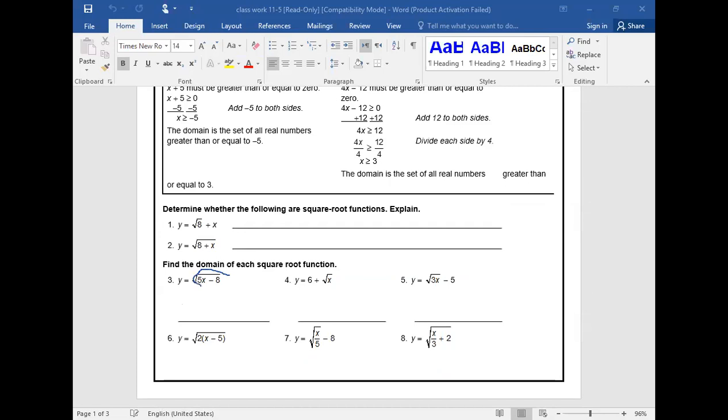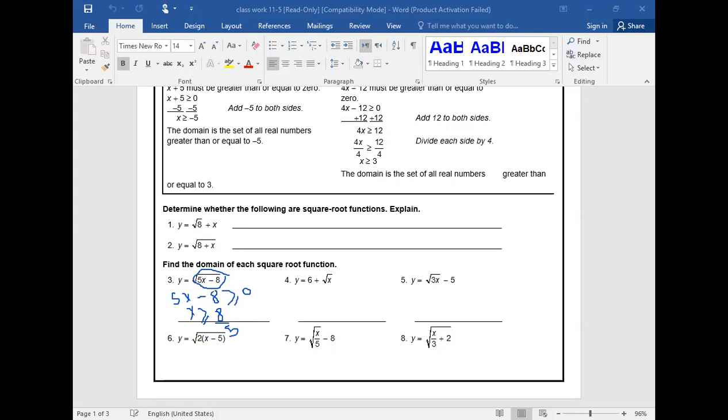We will take the expression under the square root sign, so it will be 5x minus 8 greater than or equal to 0. We will transfer 8, so by the end x is greater than or equal to 8 over 5. After that, the answer will be all real numbers greater than or equal to 8 over 5.